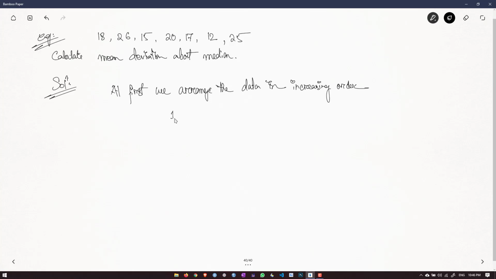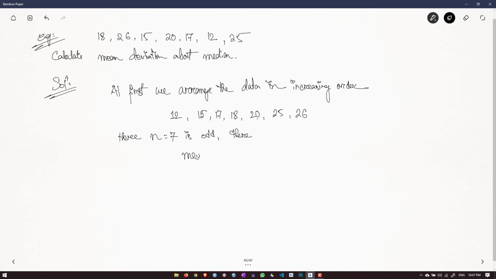The lowest value will be 12, followed by 15, followed by 17, then 18, then 20, then 25, and last will be 26. 7 observations: 1, 2, 3, 4, 5, 6, 7. 7 means odd. Here n equal to 7 is odd.